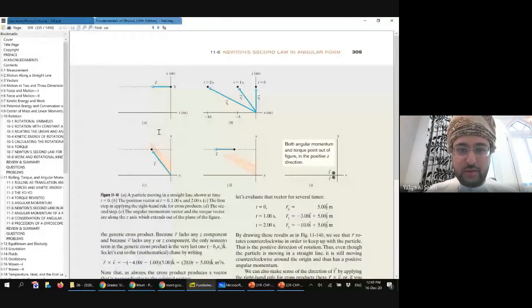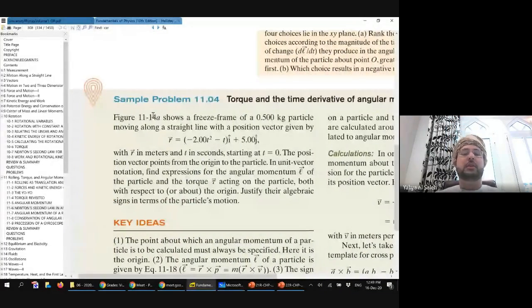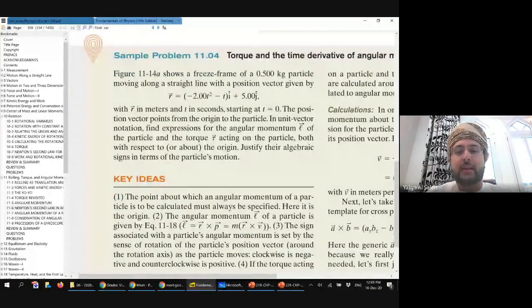We're looking at a freeze frame of a half-kilogram particle moving along a straight line with a position vector given by (minus 2t squared minus t) i plus 5j. We want to find expressions for the angular momentum L and the torque acting on the particle, both around the origin.